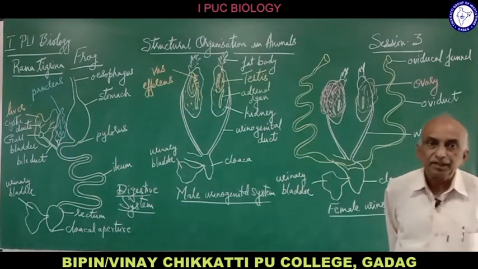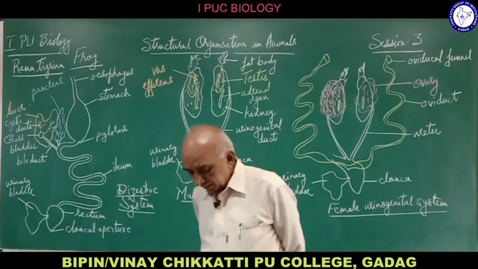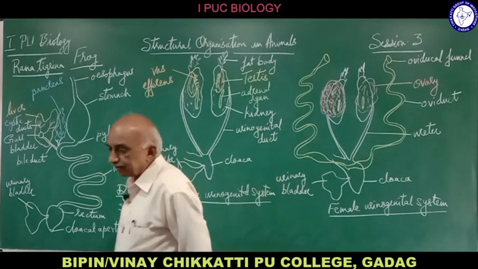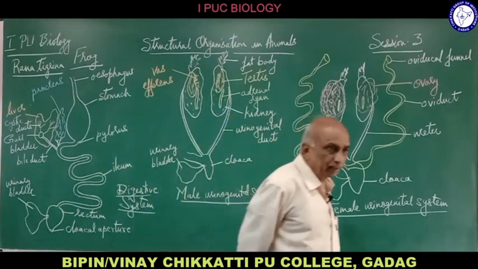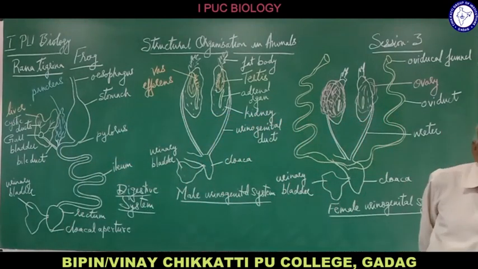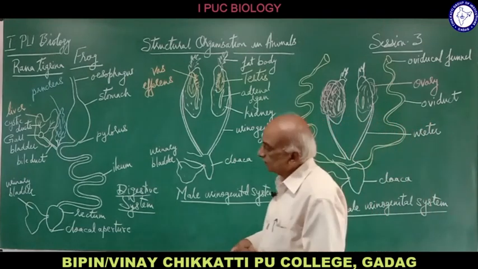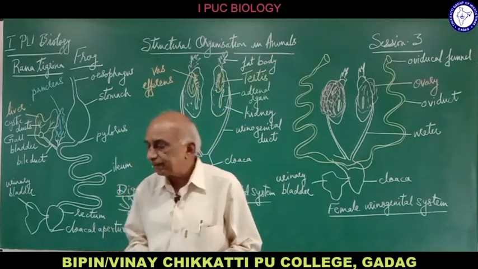Suppose we compare the human being: when we are underwater, we are not able to absorb the oxygen because our skin is not supplied with rich blood capillaries as that of the frog. Hence the frog is capable of absorption of dissolved oxygen in the water. That is cutaneous respiration, which takes place through the skin.